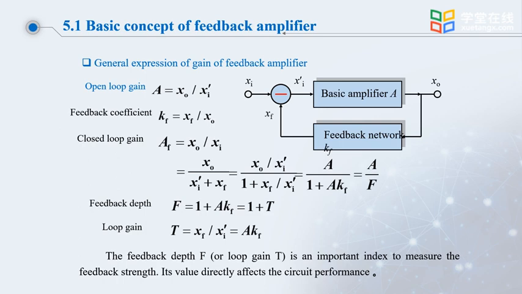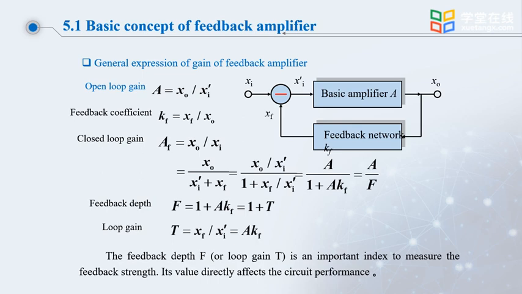For the correlation between these signals, we have defined some new symbols. The gain of the basic amplifier we now call the open loop gain. It is defined as the ratio of the output signal to the net input signal of the basic amplifier, expressed as A. So A equals Xo over Xi'. This is the gain of the basic amplifier, what we call open loop gain.